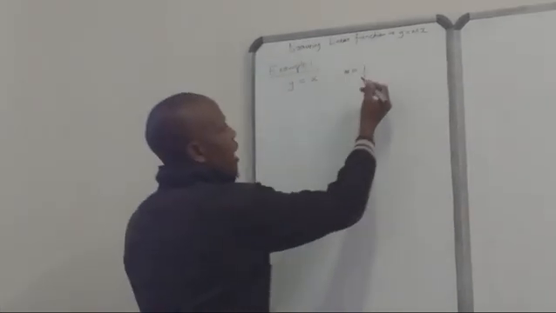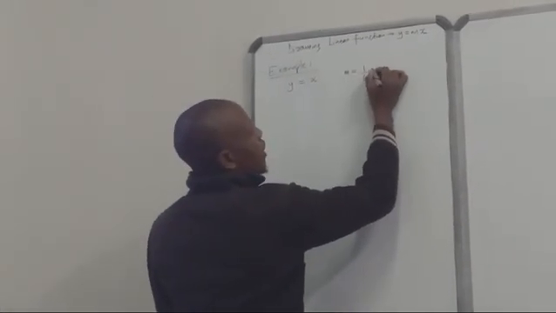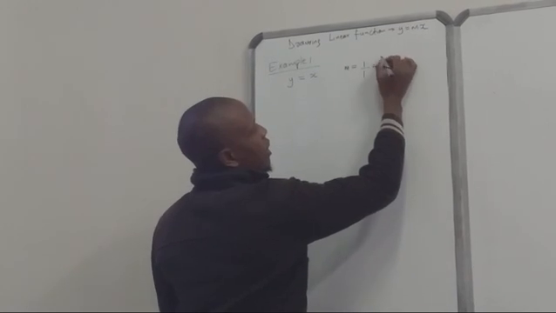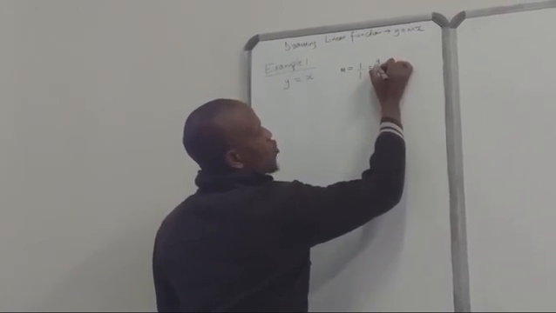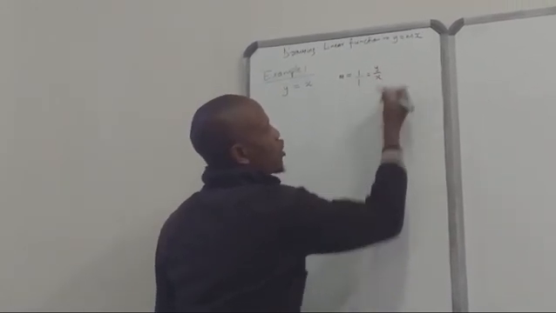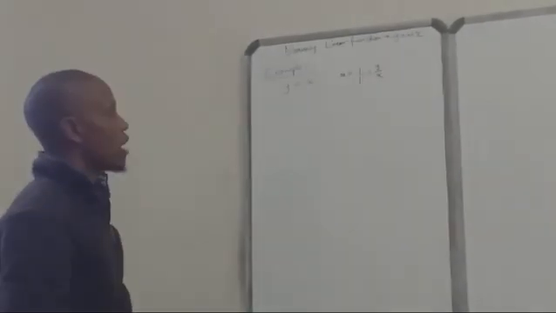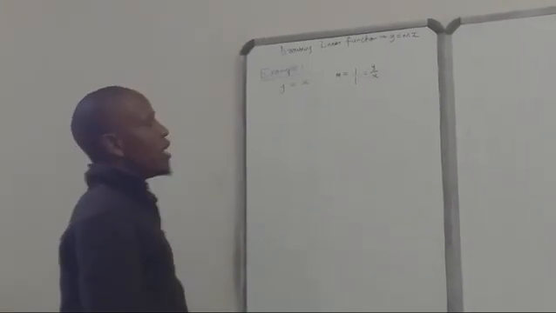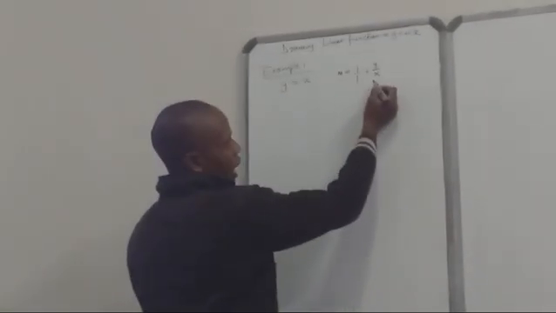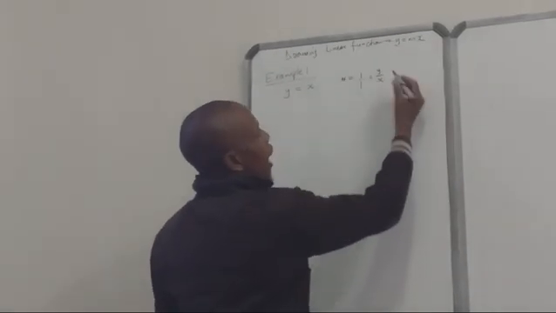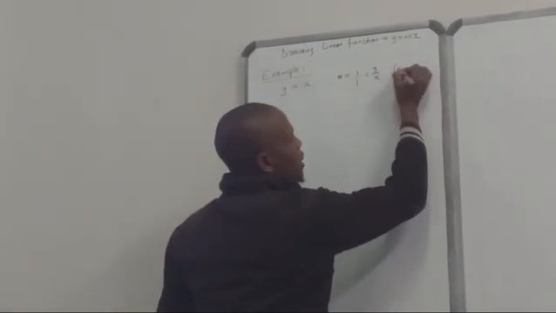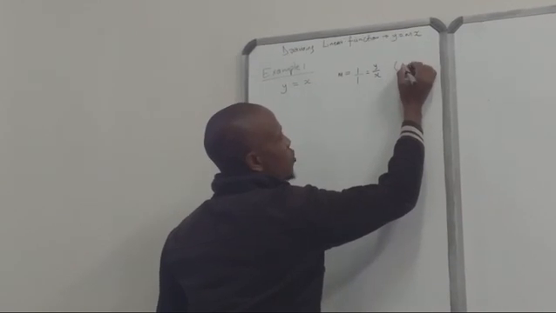Alright? And we said in the previous lesson that the gradient is change in y over change in x. I would just like to write it as y over x. So this gives us a point in addition to the one that we already have.